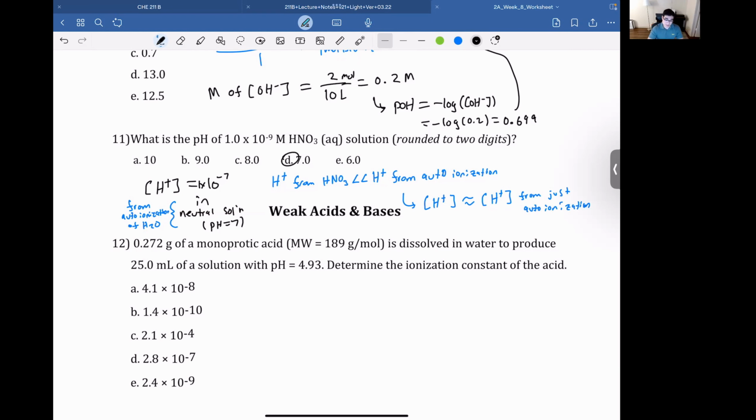If you really wanted to be super mathy about it, it's not a bad thing to be very mathy about it, you could do it like this too. You could say pH is equal to, and then you can add the concentrations. So 10 to the negative 9th plus 10 to the negative 7th.